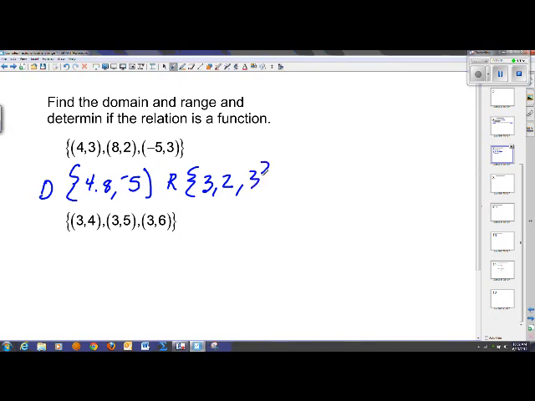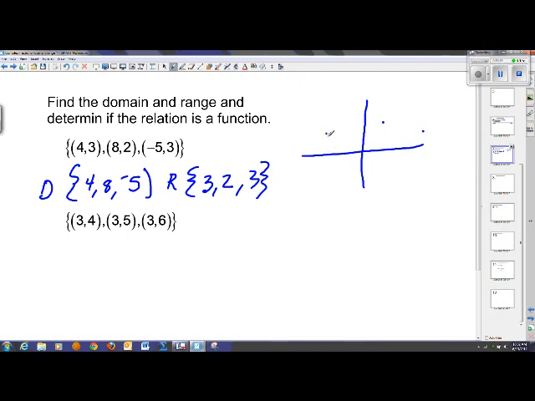Now, we need to know if this is a function. So for every x, there exists only one y. What I like to do is think about graphing these things. If I were to graph all these points, 4, 3 looks like to be something here, 8, 2 is way over here and down, negative 5, 3 is somewhere here.